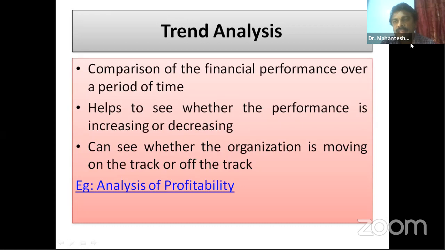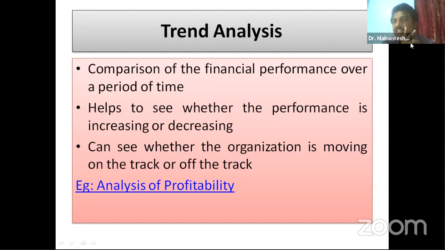Now we keep saying the trend is towards unconventional financial instruments in the market. So trend is a pattern. Trend is something that normally follows. Trend is like a time series.